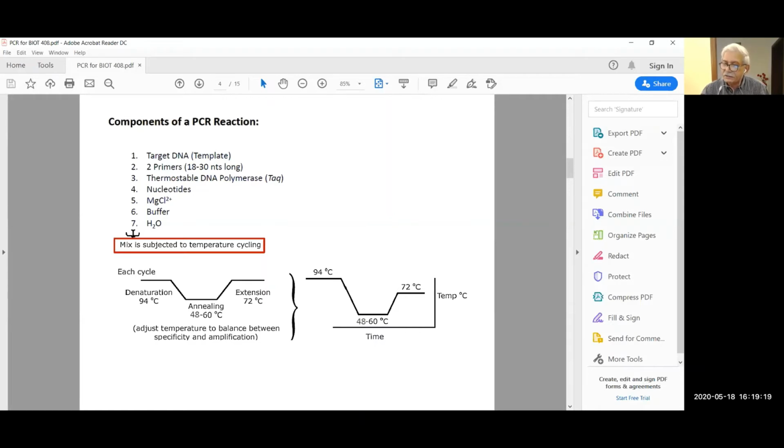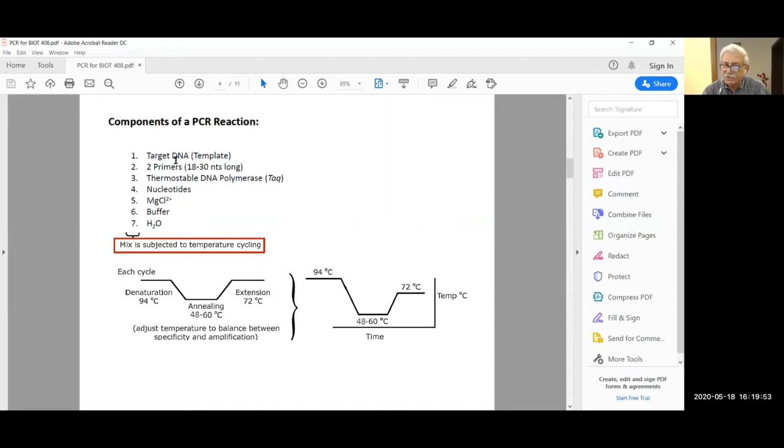And the other thing is that you can look at the total volume, what volume of PCR reaction you are setting up. Most often in the laboratory, we are setting up a 25 microliter reaction, okay? So calculate from the concentrations of each of these ingredients how much you need of this material so that you get a 25 microliter total volume, okay?